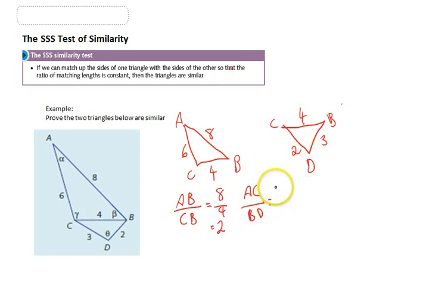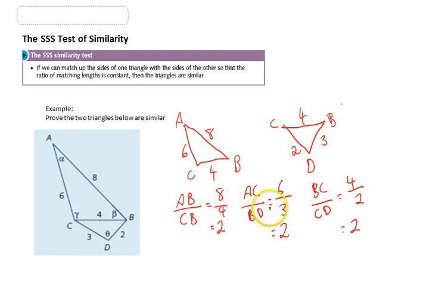And that's going to be AC, which is 6, over BD, which is 3, and that's going to be 2. And one more to try, the smallest one, BC over CD is equal to 4 over 2, so BC's 4, CD's 2, that's equal to 2.